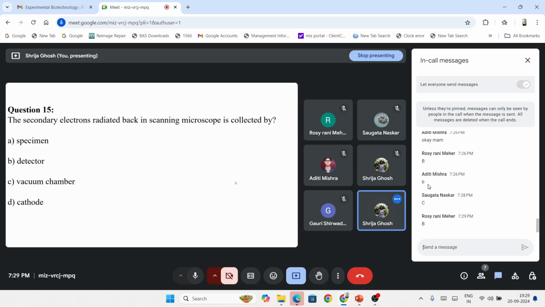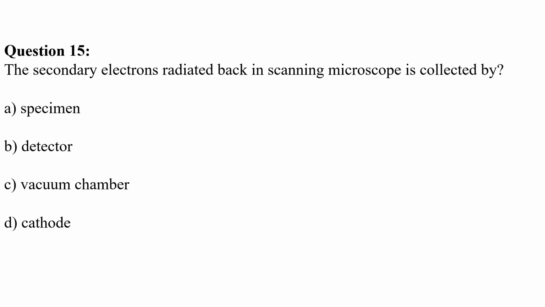Anyone else? So option B is the correct answer, detector.